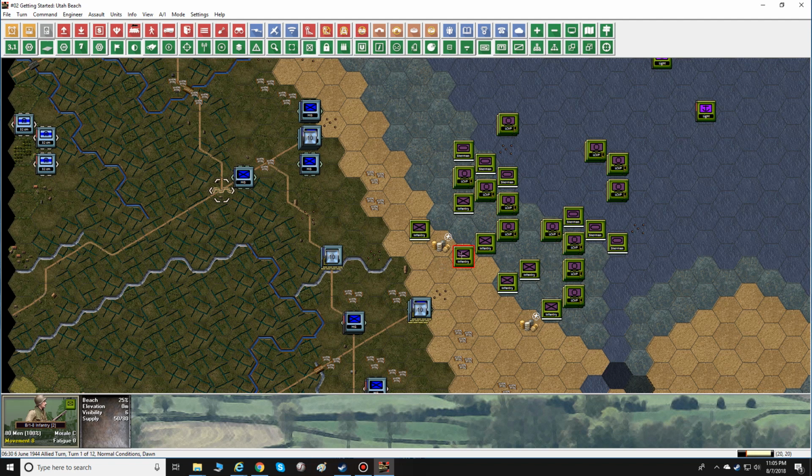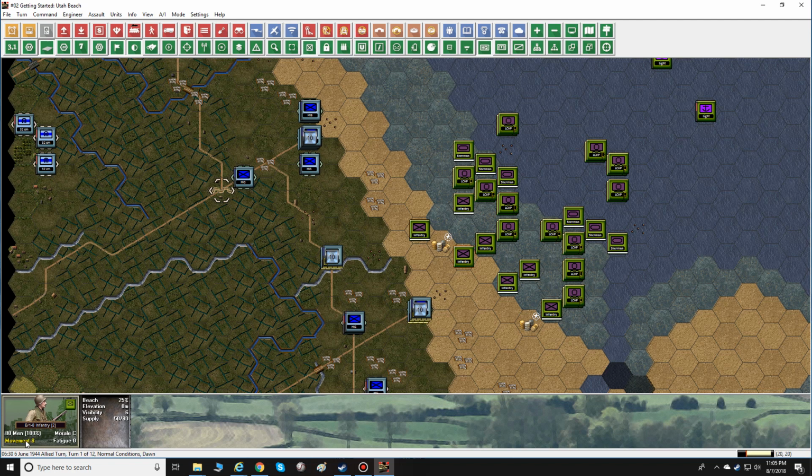Anyways, you can see that now that we've moved up, we've now got yellow movement points, which means we're getting to the point where we have like 1 move left. So it goes white, green, yellow, and then red.